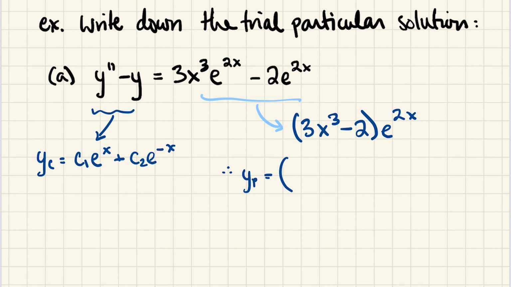The polynomial here will be the most generic version of this polynomial, so that would be a cubic, ax cubed plus bx squared plus cx plus d, multiplied by the exponential e to the 2x. And that would be the form of our particular solution.